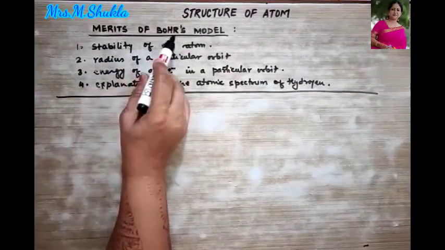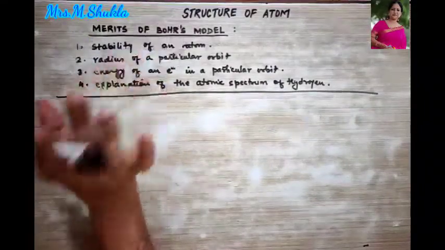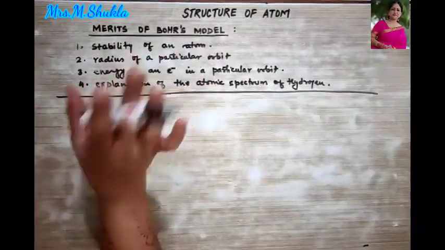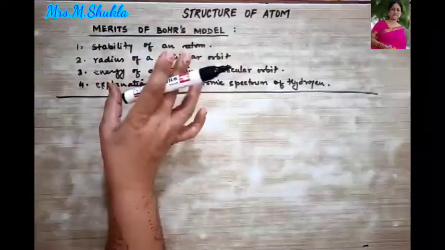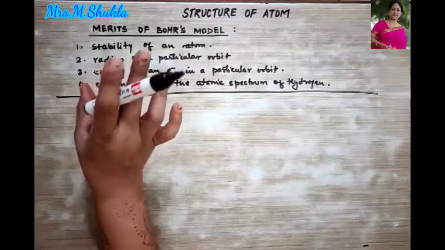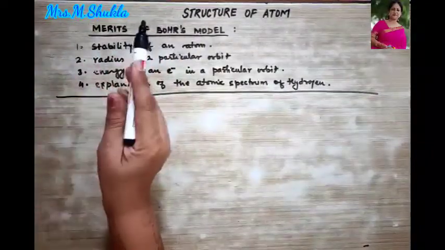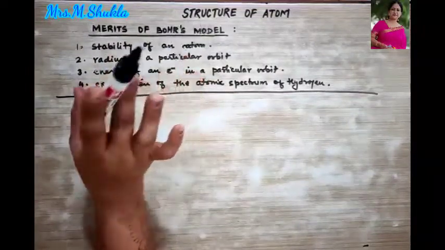Here Bohr explained that every orbit has a definite energy, so it is called a stationary orbit. Hence the electron, when revolving in its orbit, neither loses nor gains energy while it is in that particular shell.